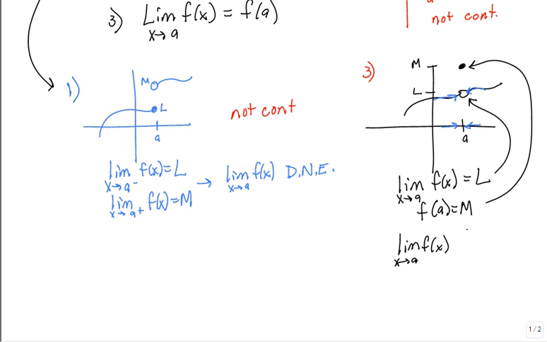So this is what happens when case 3 fails, and that's not continuous because there's a big jump.